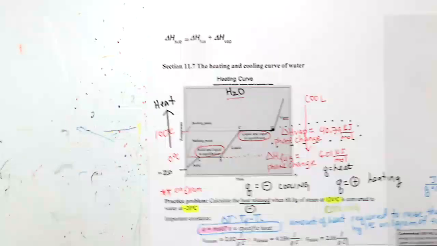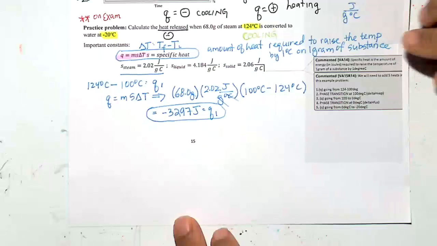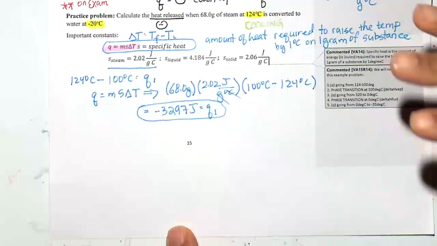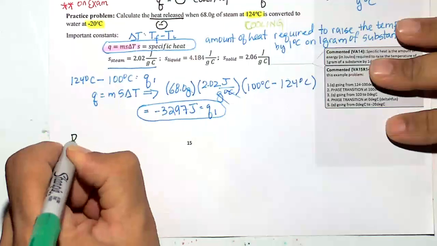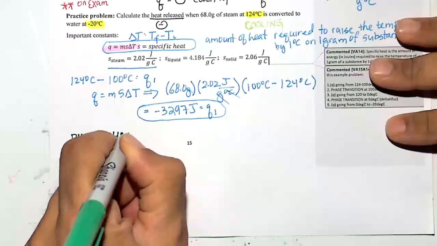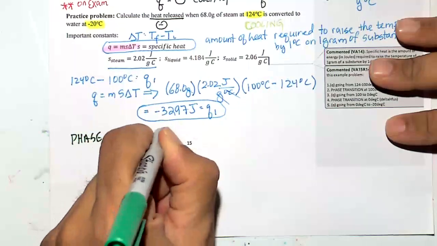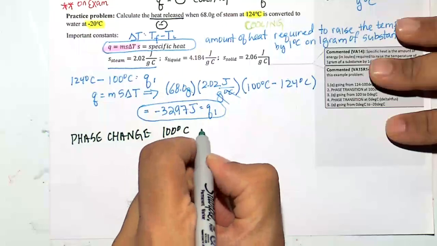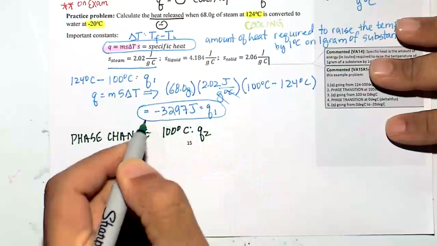So this will be Q2, and we'll do that in green ink. Phase change at 100 degrees. We're going to call this Q2.